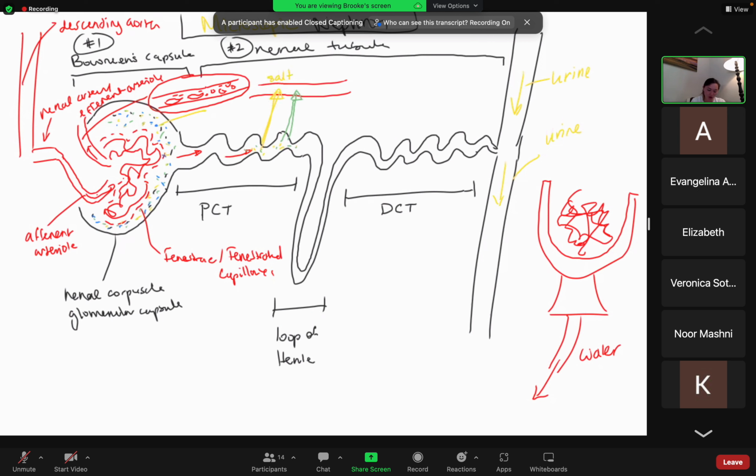We didn't want to lose all of the glucose. Let's bring some of it back. We didn't want to lose all of that water. Let's bring some of it back. Right. So whatever's getting excreted has to go through that system, through the PCT and the loop of Henle and the, okay. It can't become urine unless it goes through this.